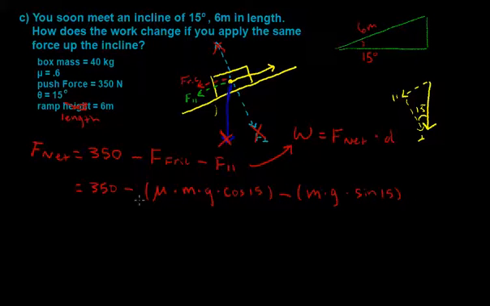So from here to calculate the net force, it would get pretty long to plug in all these numbers. We could, but just to save time, we're going to skip that because we know that the friction coefficient is 0.6, our mass is 40 kilograms, and we know acceleration due to gravity. So 350 minus all of this multiplied together minus all of this multiplied together is going to equal a much smaller net force than before.